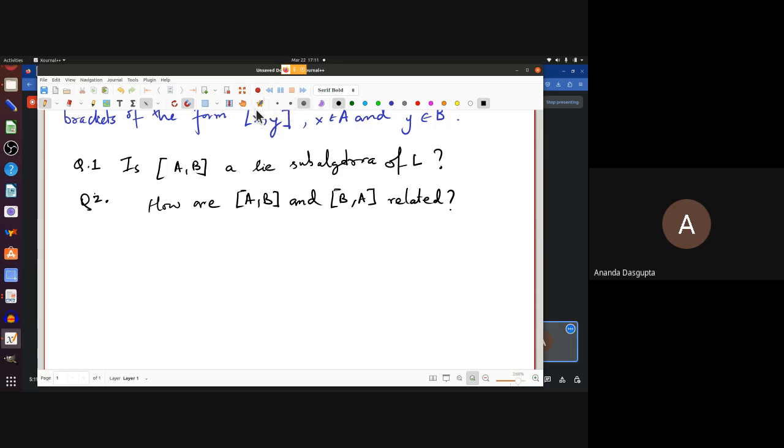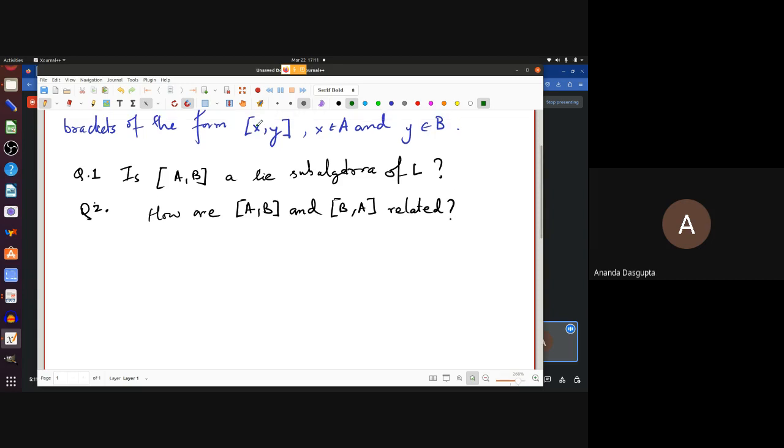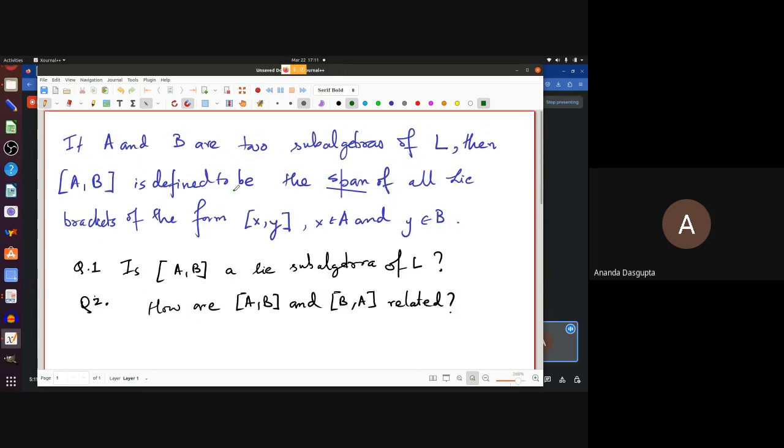So we defined a subalgebra, of course, before. In fact, you need to define a subalgebra even before you begin to talk about these things. But strictly speaking, you could also talk about this if A and B were just two subsets of L. They didn't have to be subalgebras. If A is a subset of L with some elements, B is another bunch of elements, you could just take brackets between those elements and then form the span.